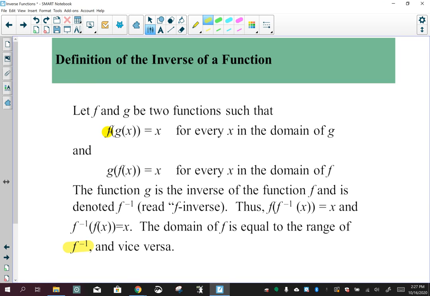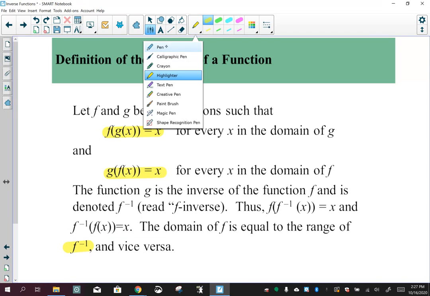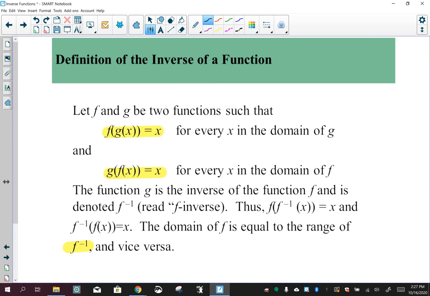What this piece here is saying is that if I give you your two functions and you compose them, you should get just the answer x back. And as long as you get that answer x back, they're inverses of each other. So basically you can say if I have f of x, then its inverse would be f of -1 of x.